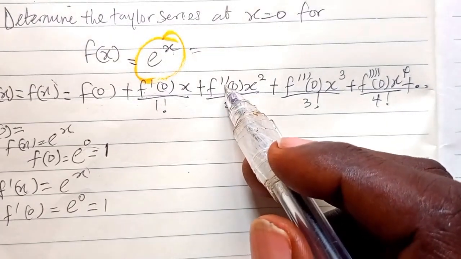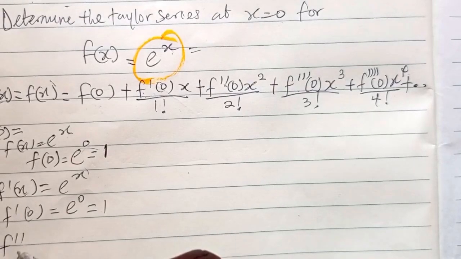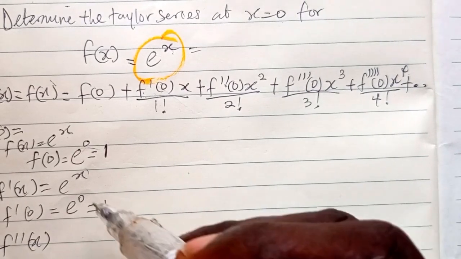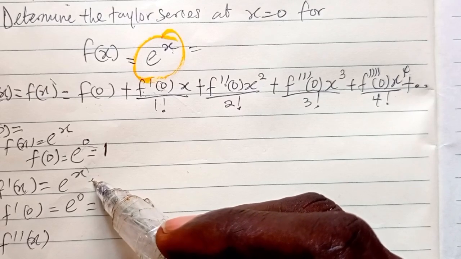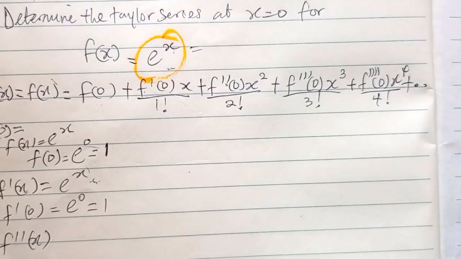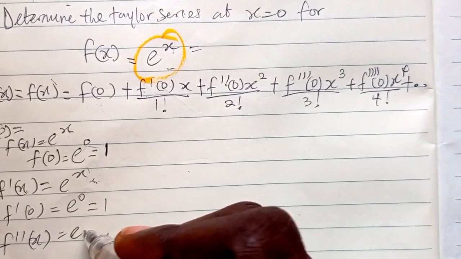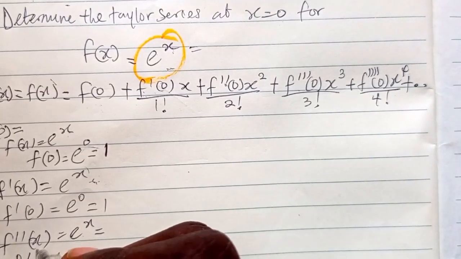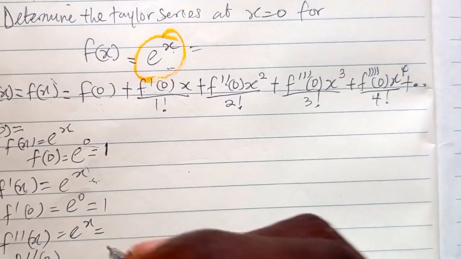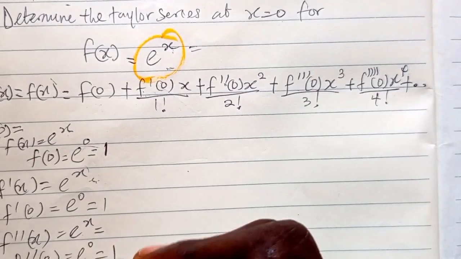Then I'm going to the next part, f double prime of x. That means I'm differentiating f prime of x, but this f prime of x is the same thing as e to the power x, so I'm just going to get the same thing. This one will be e to the power x. Then f double prime of 0 will be e to the power 0, which is still 1.